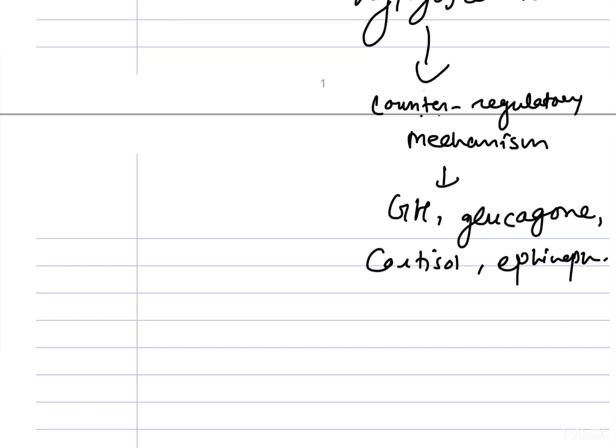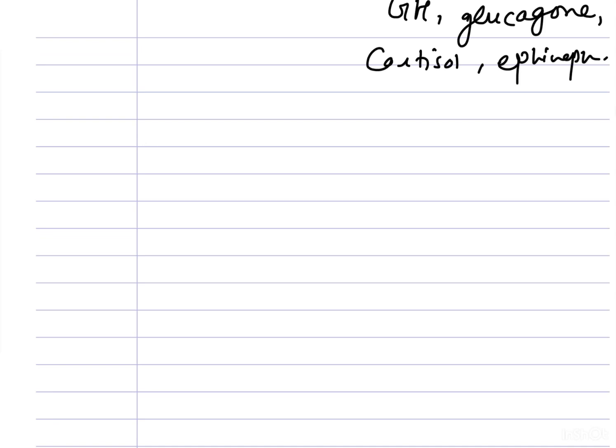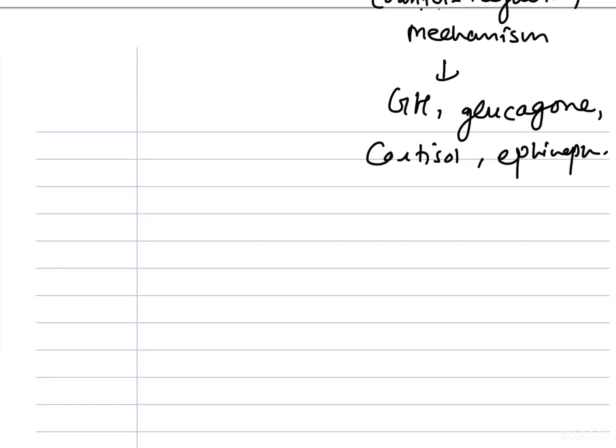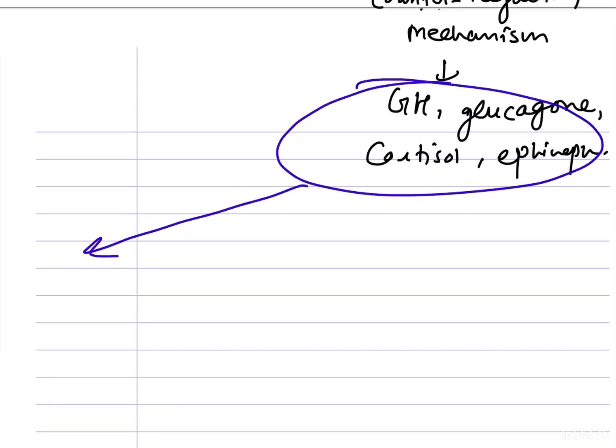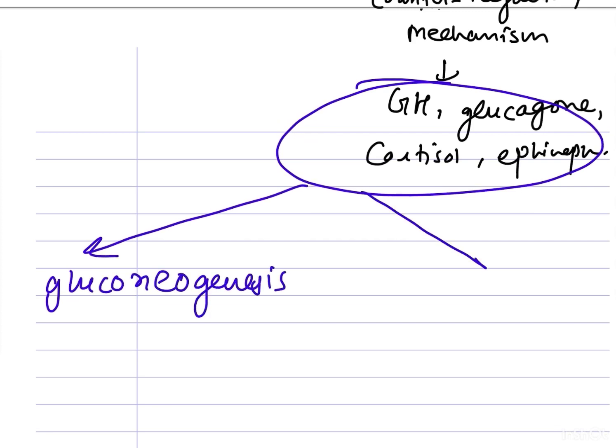How will it work? These hormones will cause two things: one, gluconeogenesis, and second, glycogenolysis. Glycogen will be broken down and glucose will be formed.